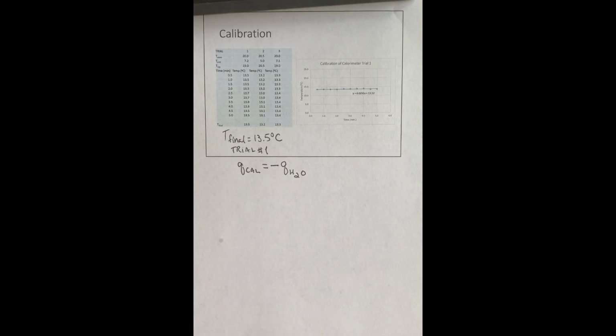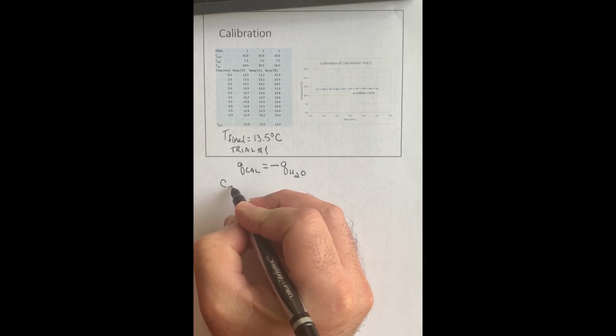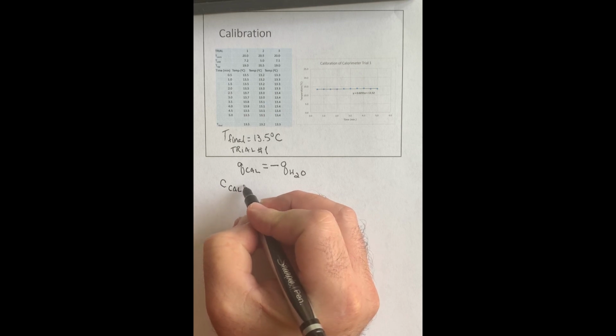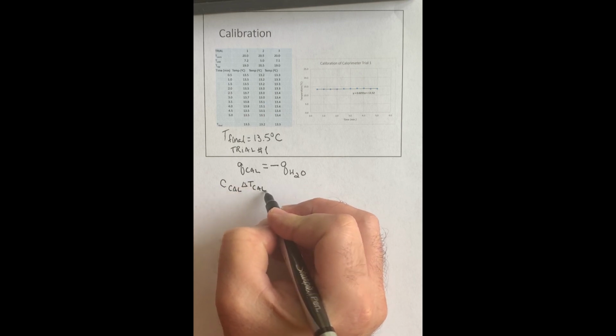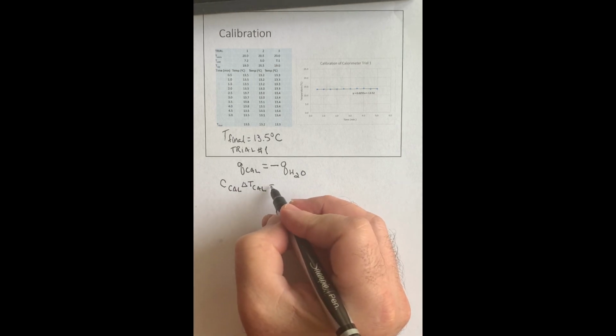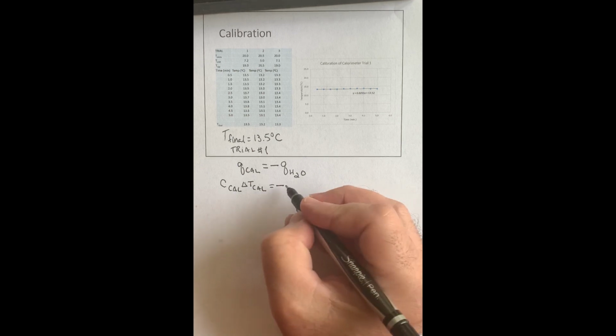Remember, the water is a combination of cold and tap or warm water. And we said that the formulas to calculate these things are, for the calorimeter, the heat capacity of the calorimeter times the temperature change for the calorimeter. And for water, it would be minus, and we're going to use the famous MCAT formula.